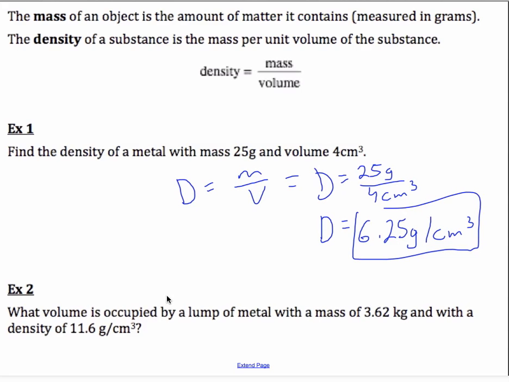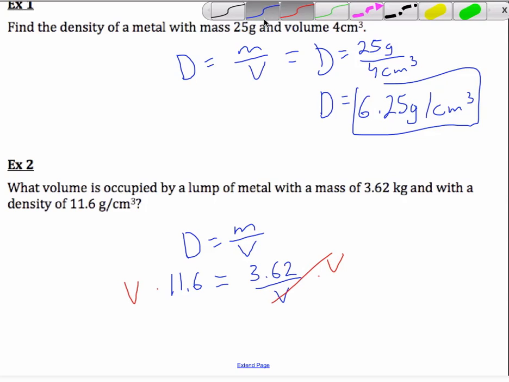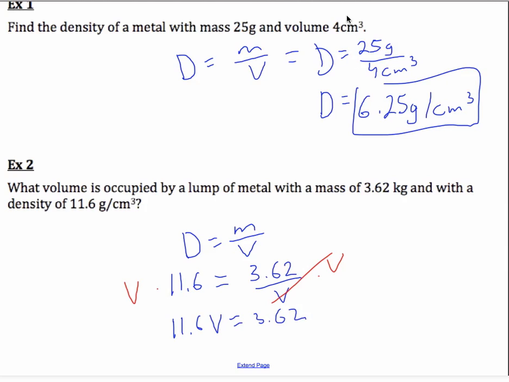Okay, next example, what volume is occupied by a lump of metal with this mass and this density? Well, again, we can use the formula. And we can plug in what numbers we have. We have 11.6 equals 3.62 divided by the volume. We don't know the volume, so here we can solve for v. Multiply both sides by v, and we get 11.6 v equals 3.62, and then we need to divide by 11.6.